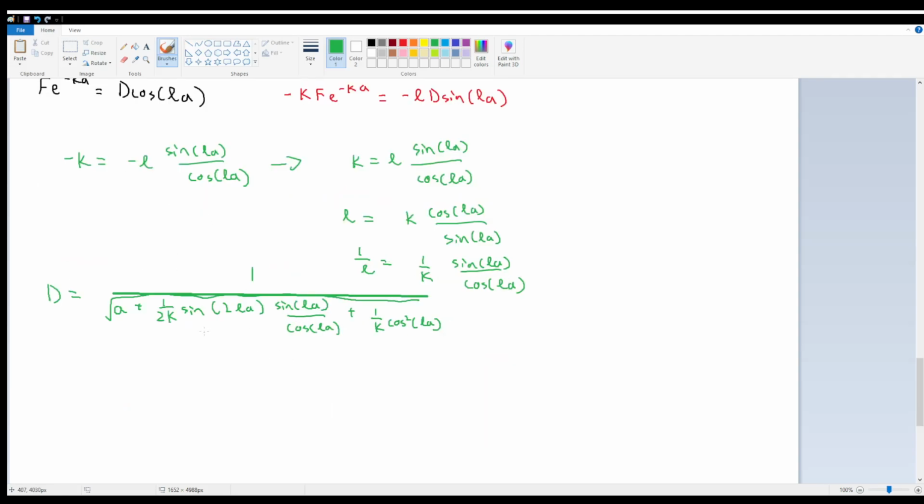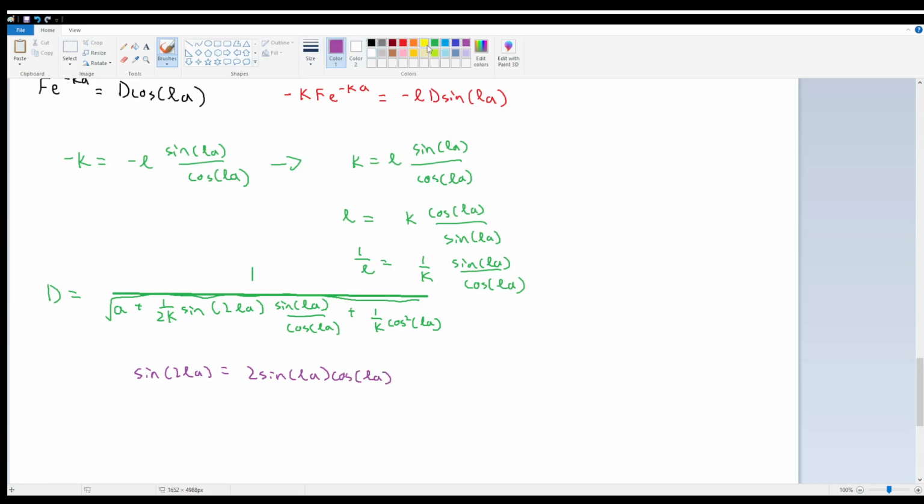Next, we can once again take advantage of the double angle, because sine of 2LA is equal to 2 sine LA times cosine LA.